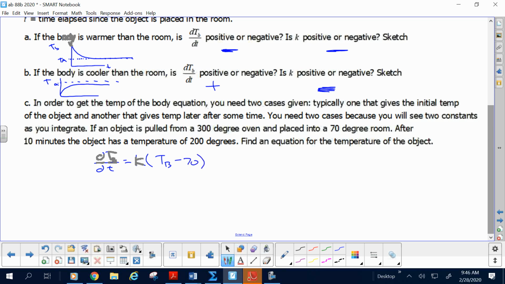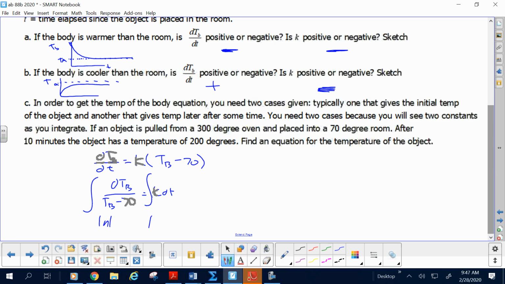All right. Now our goal is to get a temperature equation, and so to get rid of the differential equation, what do we do? But first, separate the variables. So if we separate the variables, we might do it this way. K could go either way, but it's much easier if you leave it on the right. And so let's integrate that. What is the antiderivative of the left?